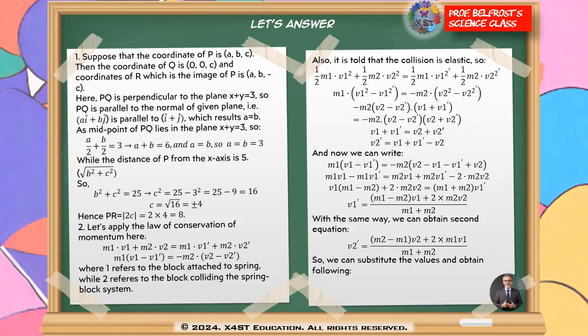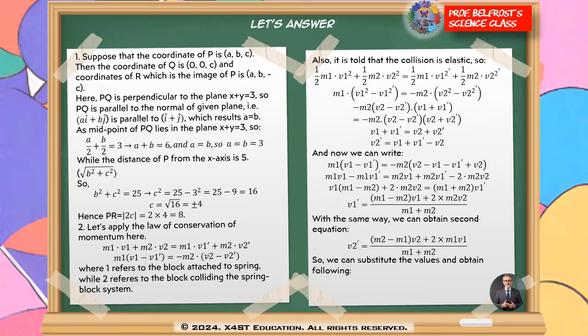Using this equation, we can create the new equations as shown in the slide. So we have v1 apostrophe and v2 apostrophe written in terms of m1, m2, v1, v2, and now it is very easy for us to find the needed value.